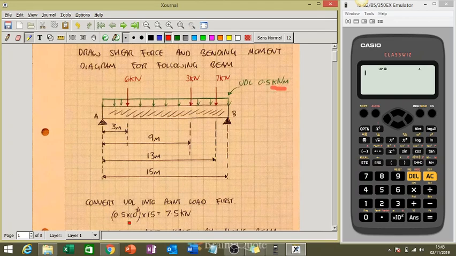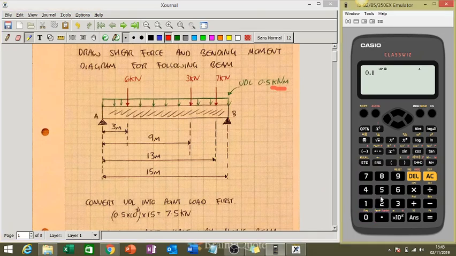So 0.5 times 15 meters gives us 7.5 kilonewtons.